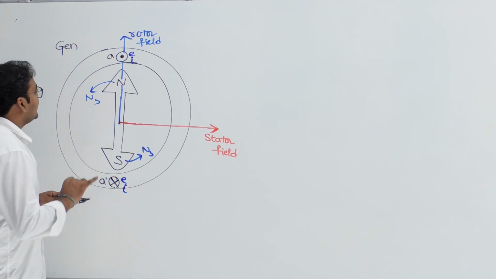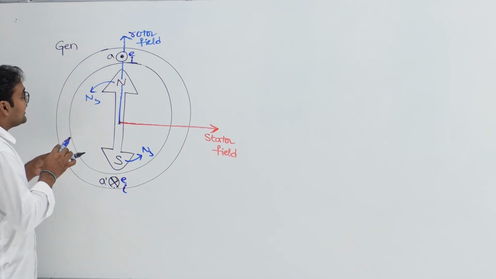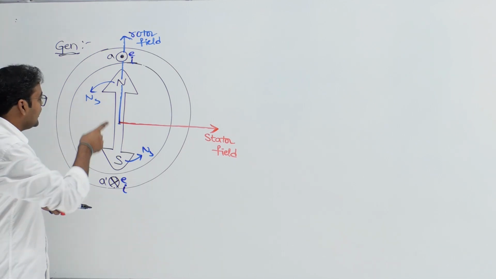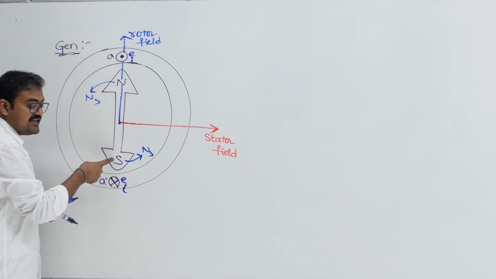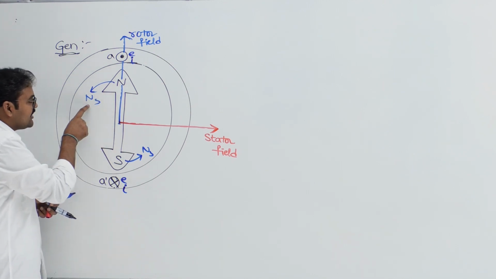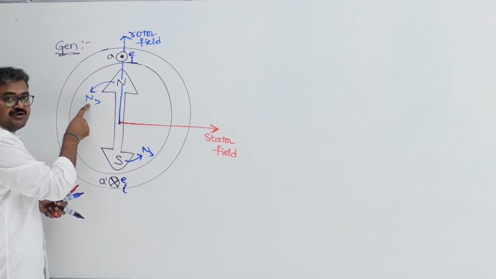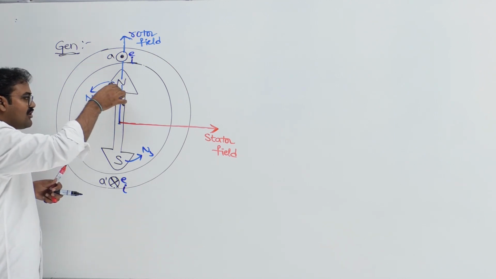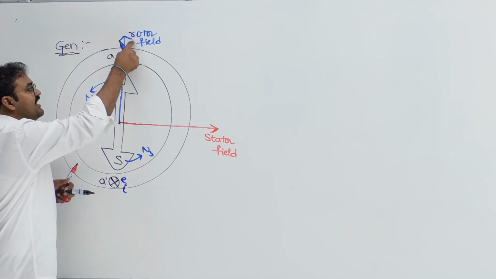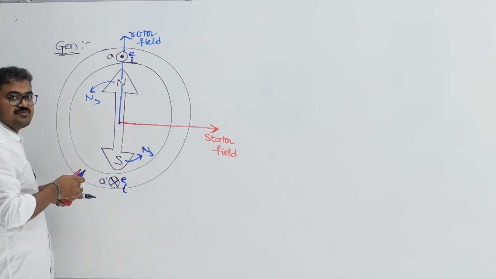Okay, fine. Now, my next question, don't forget we are talking about what? Generator. Now the next question. This rotor is a DC field or AC field? DC field. And I am rotating this rotor at how much speed? Synchronous speed. If any magnet is rotating with some speed, can I say along with that magnet, the magnetic field will also rotate with the same speed?